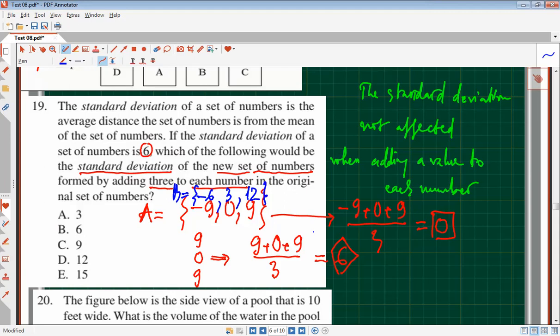And the mean is -6 plus 3 plus 12 divided by number 3. That is 15 minus 6, which is number 9, divided by number 3. The mean is number 3.